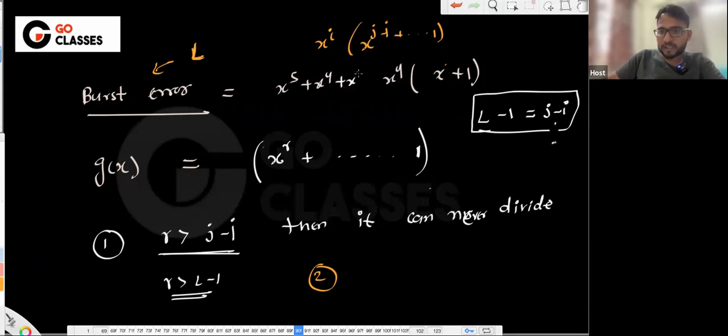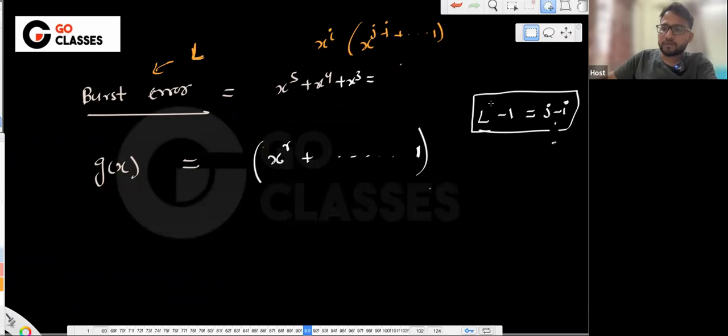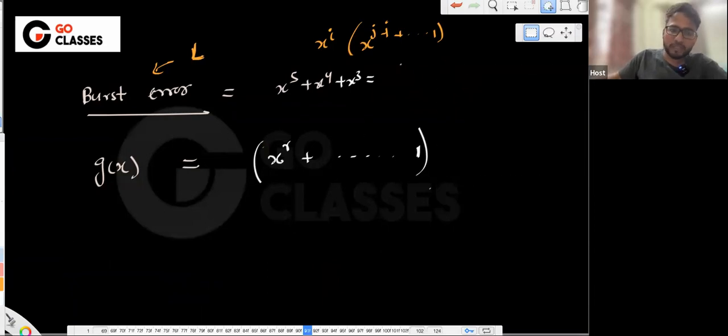Let's suppose the burst length is 3 this time, which is the same as taking x cube common. So I'm now going to analyze the second case. Let me remove the first case, since the first case was over. Now let's quickly analyze the second case.